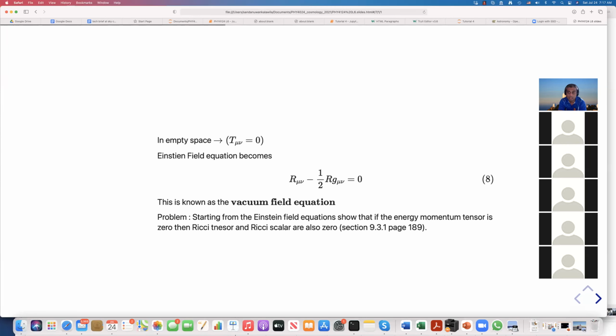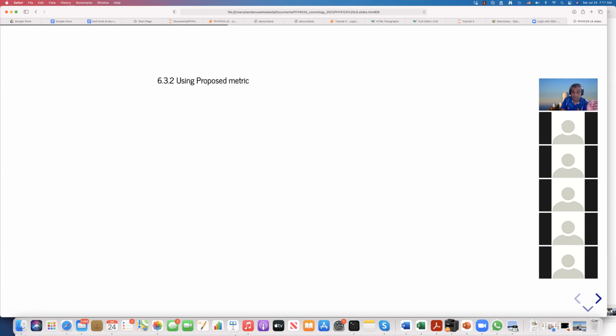To have that condition, you have to take the Riemann curvature tensor and prove that it is equal to zero. It is true that these two are equal to zero, but that doesn't tell you that the curvature is zero, or that you are in a flat space. So make sure that the Riemann curvature tensor is the ultimate tensor that decides whether a particular space is curved or flat. It is not these two guys, right?